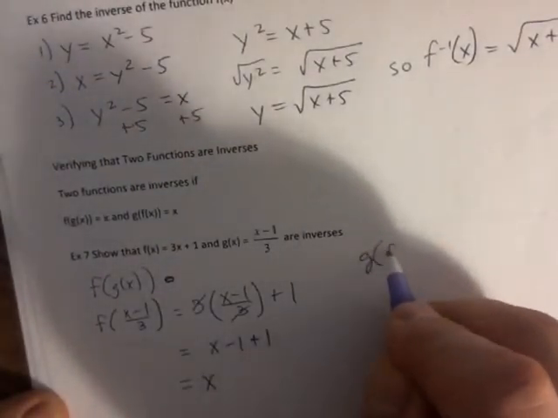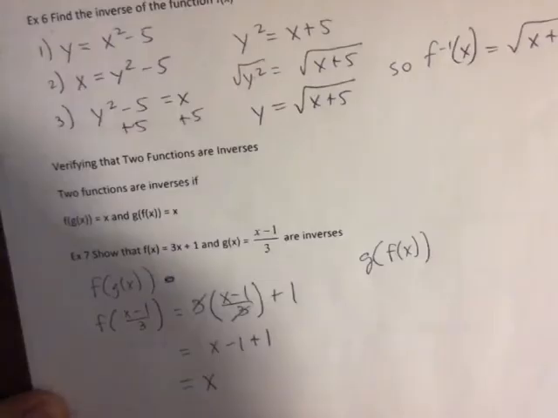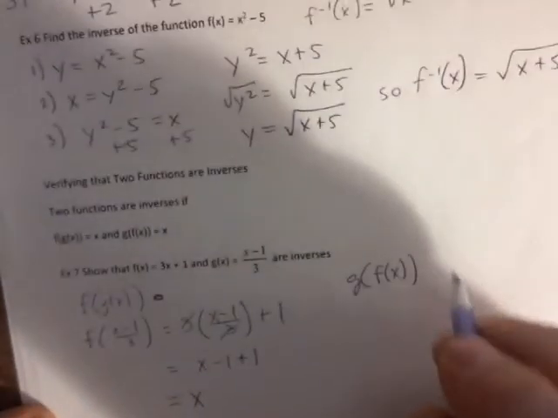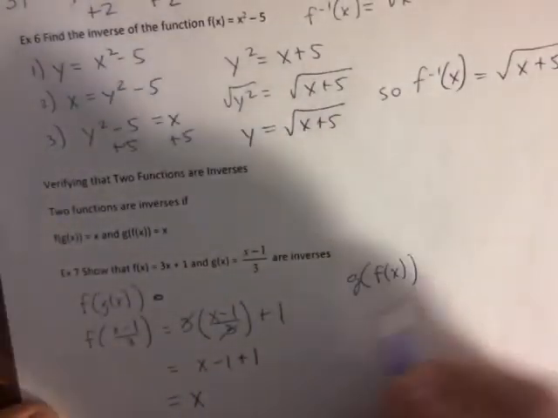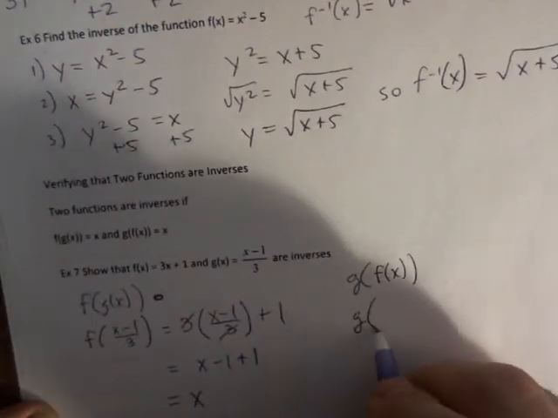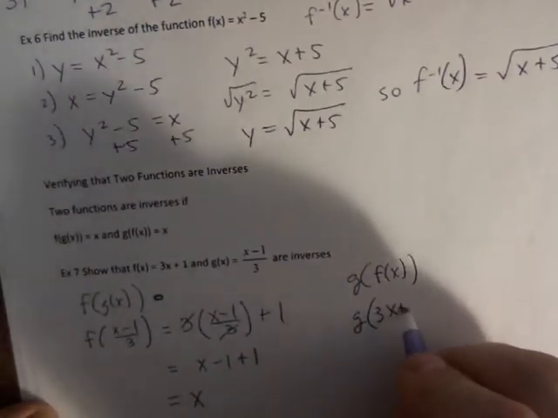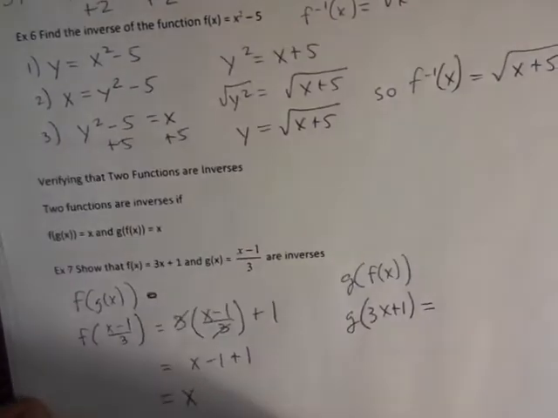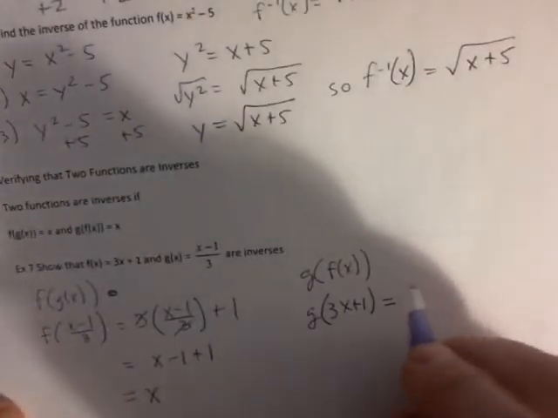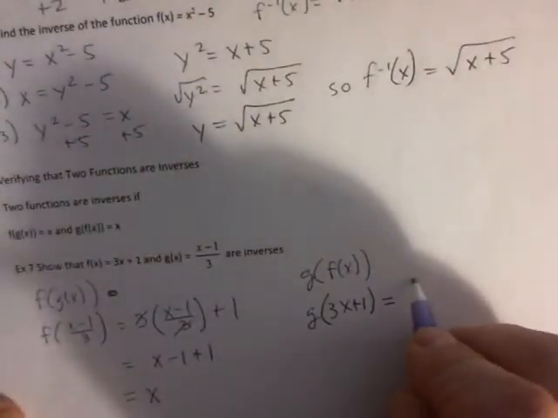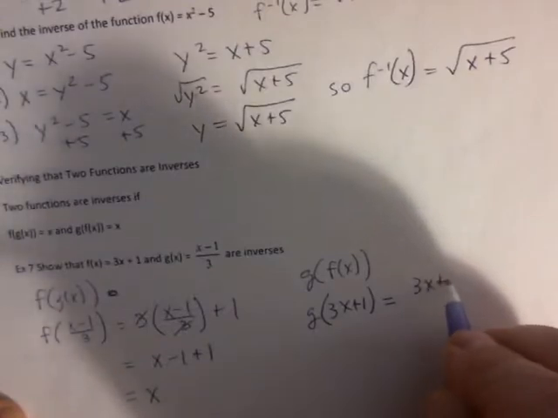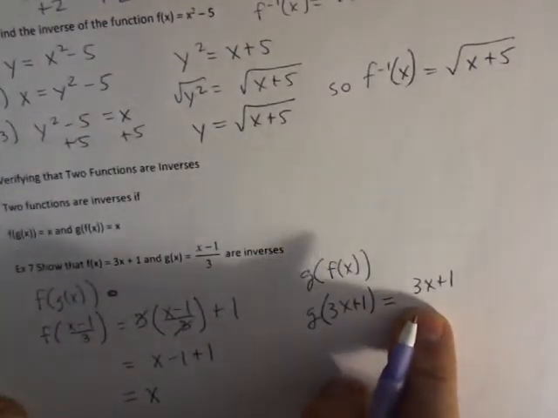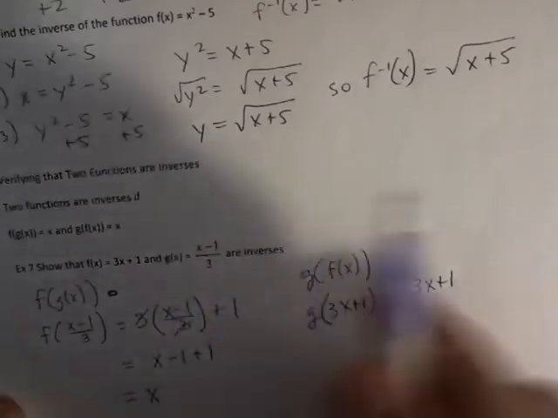Now I'm going to do g of f of x. G of f of x is g of 3x plus 1. So I go ahead and substitute this 3x plus 1 in for this x here.